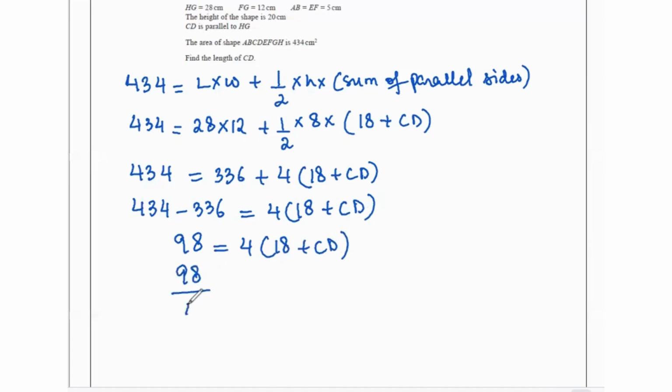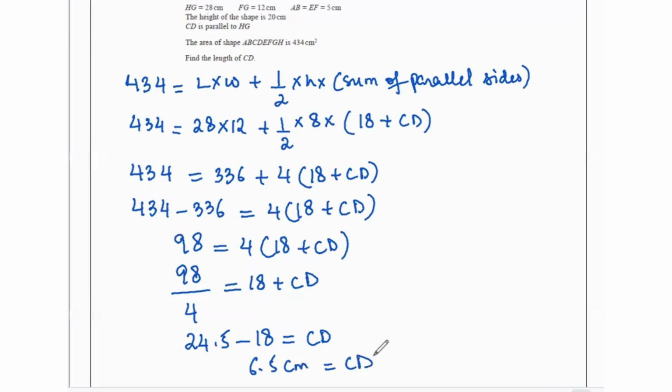You could have expanded the bracket as well, but in this case, I think it's going to be an extra step. So I divide 98 by 4. That's 24.5 minus 18. That's 6.5 centimeters. That is the length of CD.